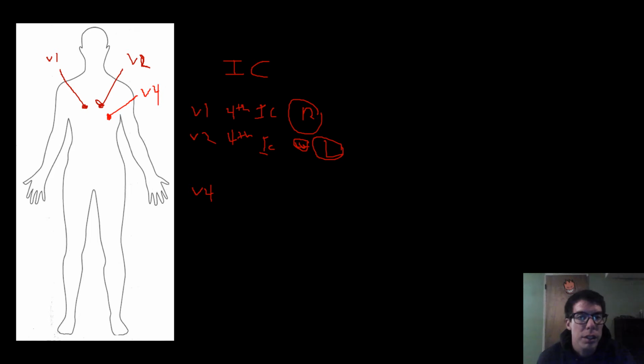V4. So 5th intercostal space, mid-clavicular is what that means. I used a different shade of red. Oh well.